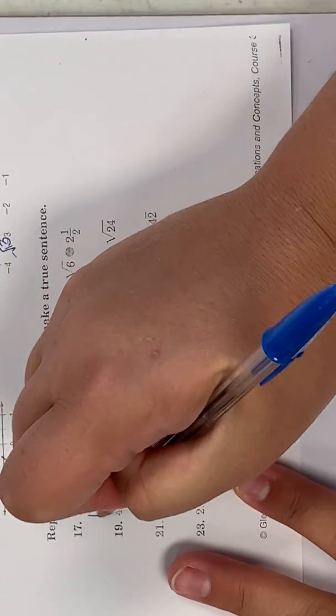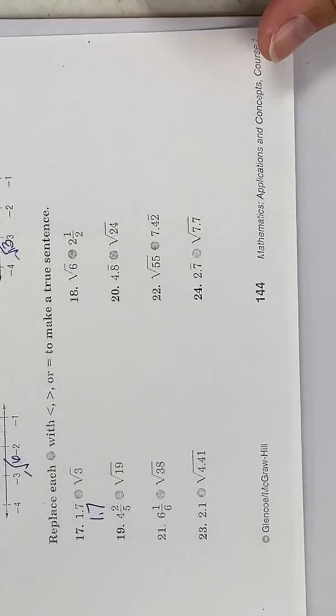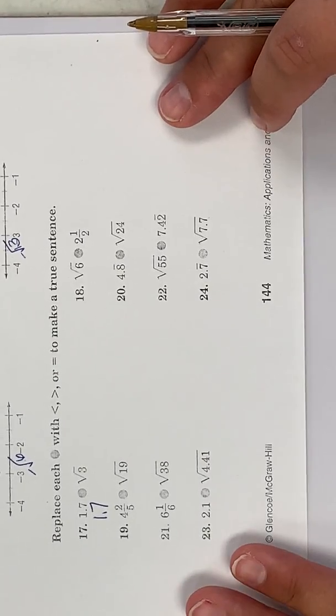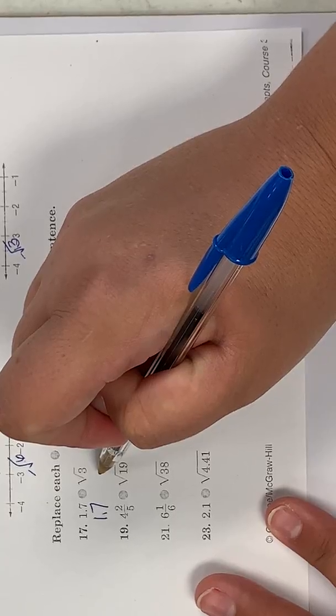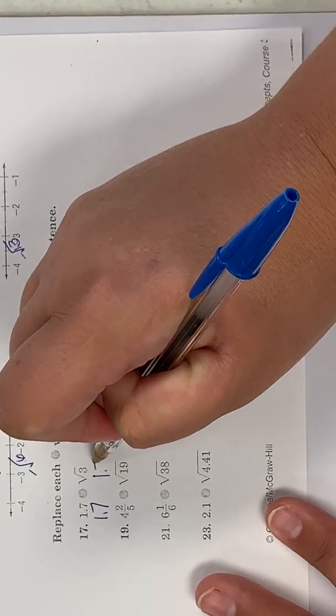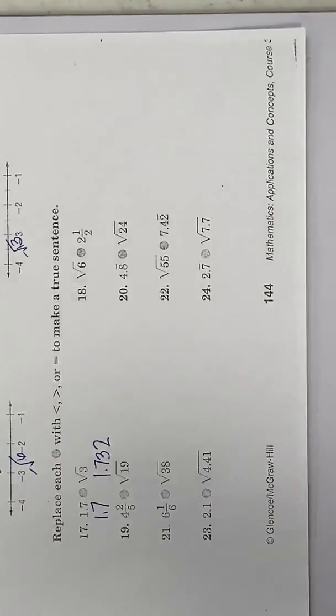So let's look at the first one, 17. 1.7 is the decimal they give you, but they give you square root of 3. So go into your calculator and give me the decimal for square root of 3. 1.732. Now, I'm going to give you a clue.